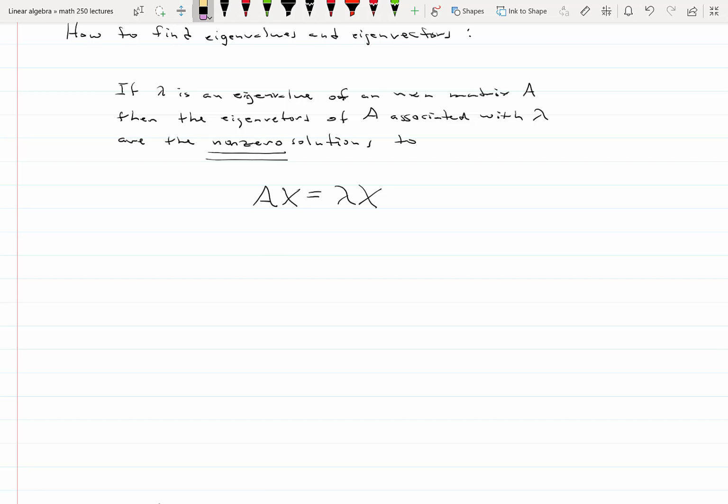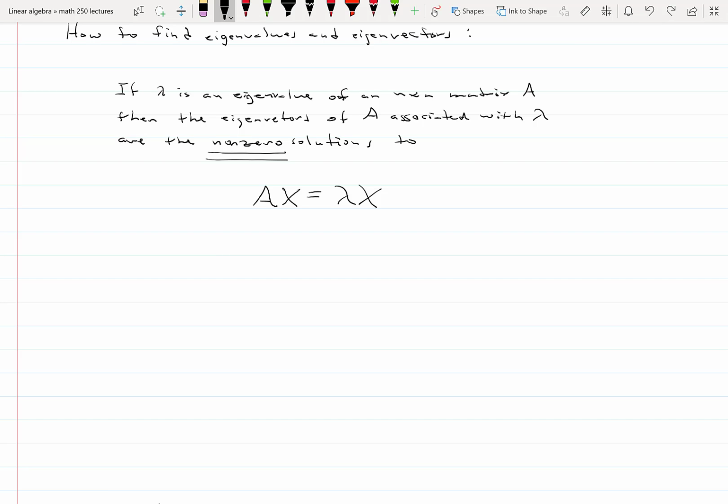Because I'd like to find out how to first find not the solution to the system, but the actual eigenvalue. So I'm going to subtract lambda x from both sides. In fact, I think I'll do this a little better: I'm going to subtract Ax from both sides.